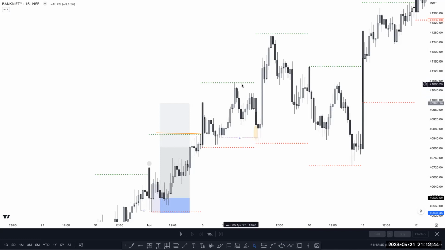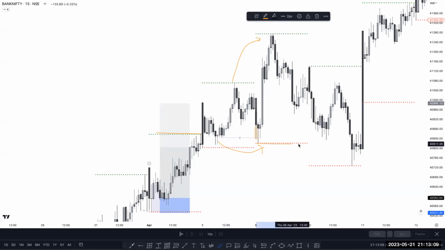Okay, and previous high is broken, and now you have to wait for it to take out the inducement. So in this case, where is our inducement? Look at this picture very carefully. In this case, there is no inducement. If there is no inducement, it means you have to shift your inducement and higher high, like this higher high transfers here to here, and this inducement transfers here to here. So this is an inducement.